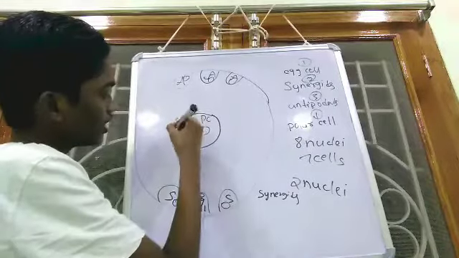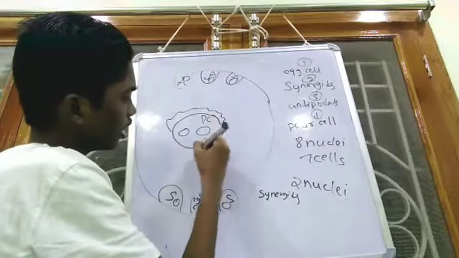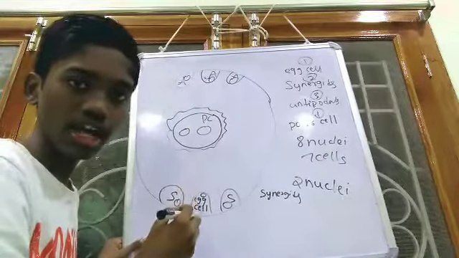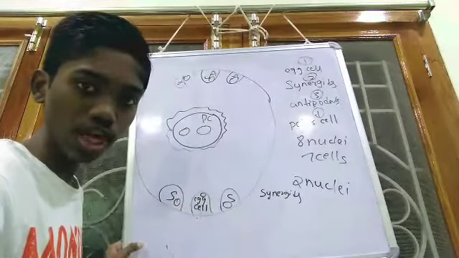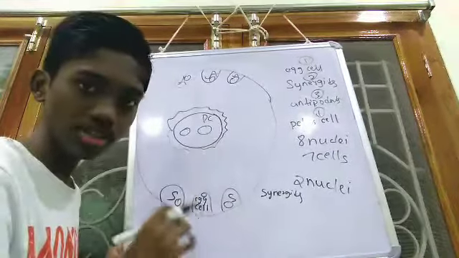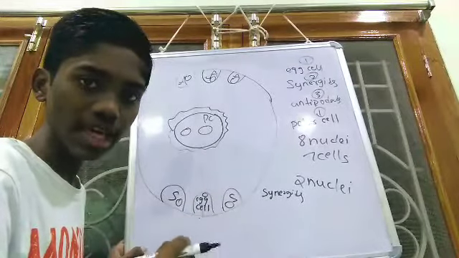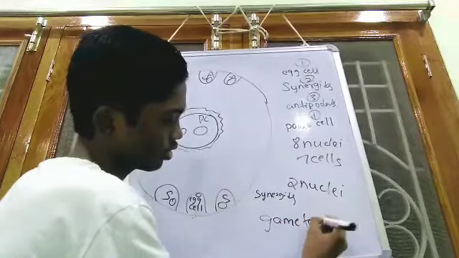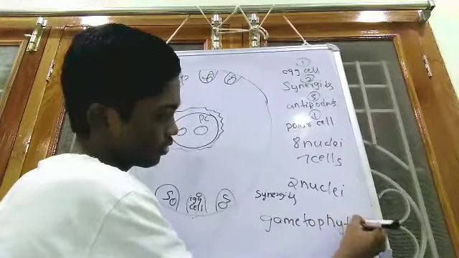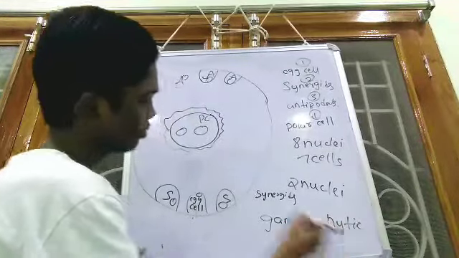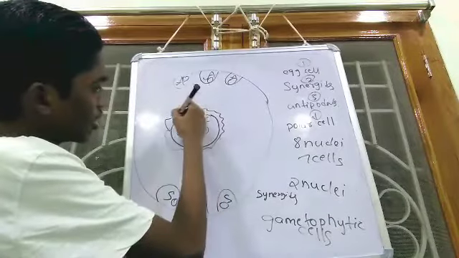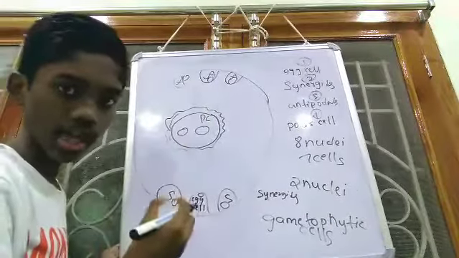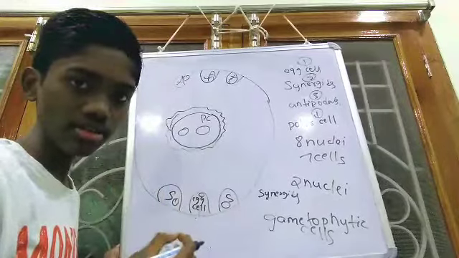And here I said there is a microscopic embryo sac-like structure which stores food and water, and this microscopic sac is composed of gametophytic cells. Means this sac is made up of cells, as every organism on this earth is made up of cells.